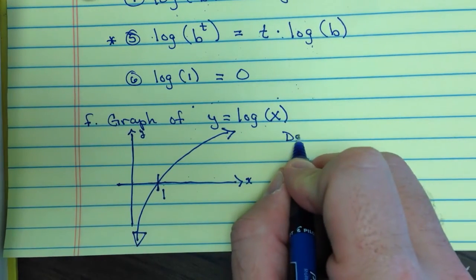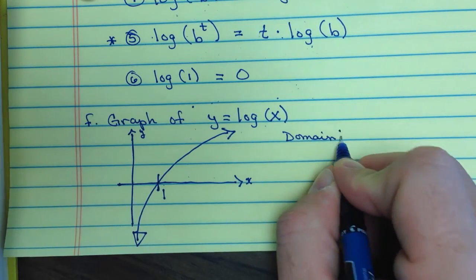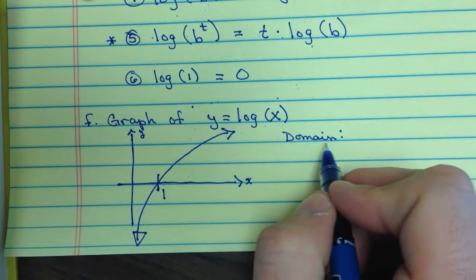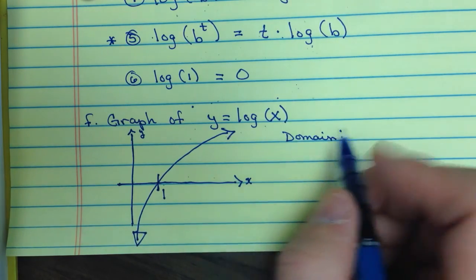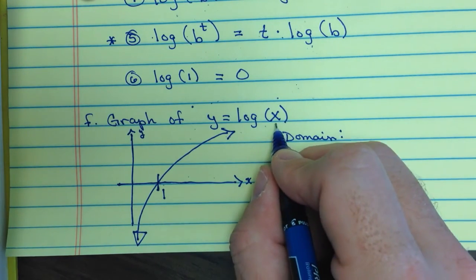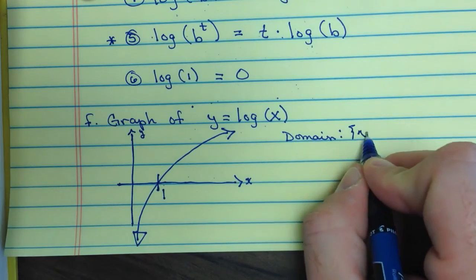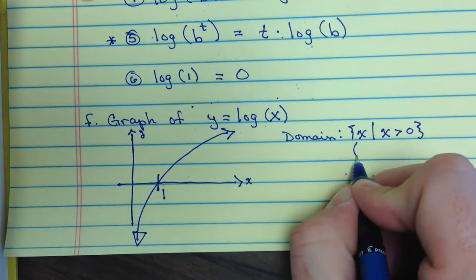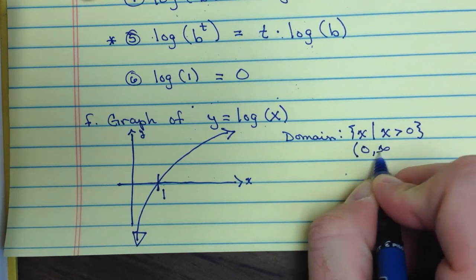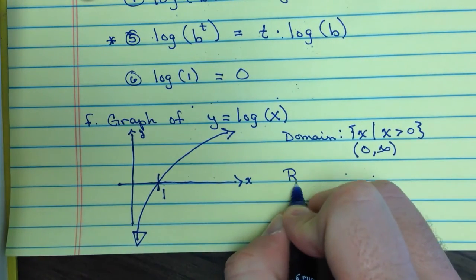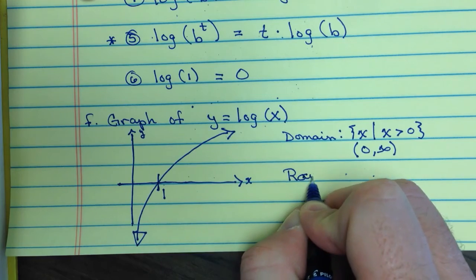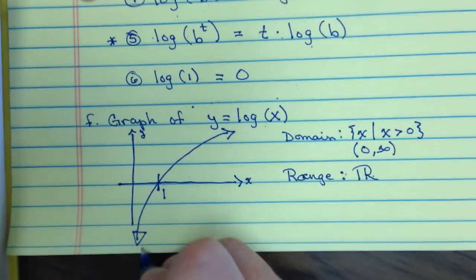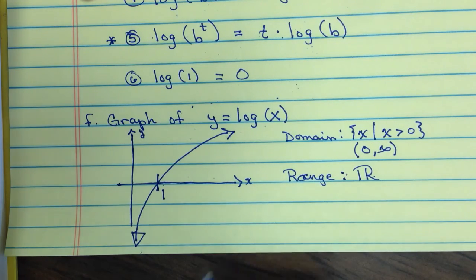All right, we have a domain. We already said what the domain is. Did you catch it? Remember, the domain is the set of all valid inputs. Well, we already said that the inputs have to be positive. So the domain is the set of all x's such that x is positive. Or if you prefer interval notation, 0 to infinity. The range is going to be all real numbers because we go from negative infinity to positive infinity.